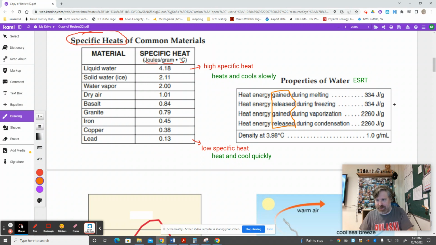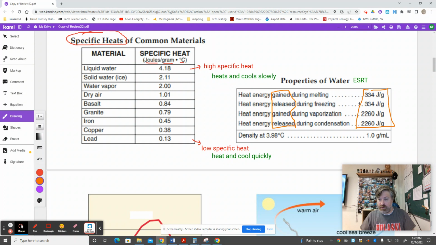Now, don't panic here. Don't worry about the numbers. Don't say, oh man, these look like a lot of vocab words. These questions are very easy. Just circle those for me. So here's all four choices that could possibly be an answer. Either it gains 334, or it releases 334, or it gains 2260, or it releases 2260.